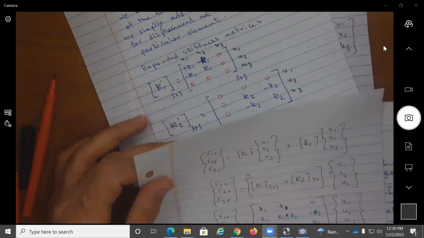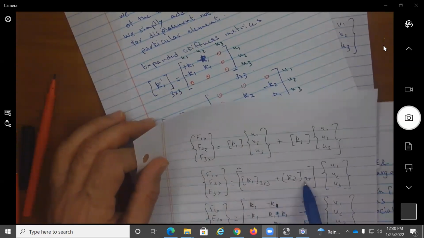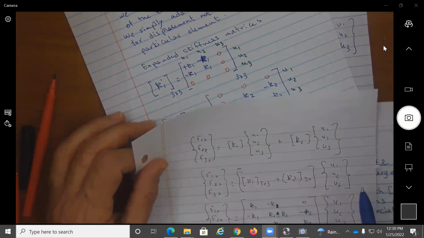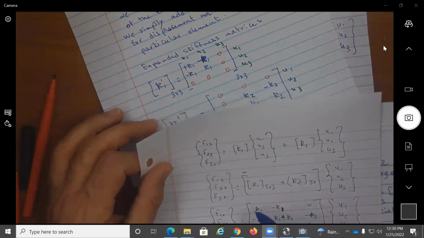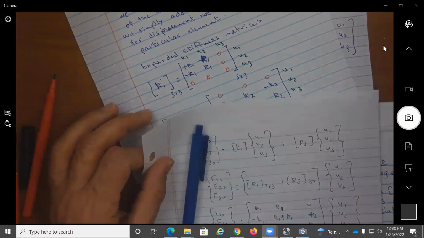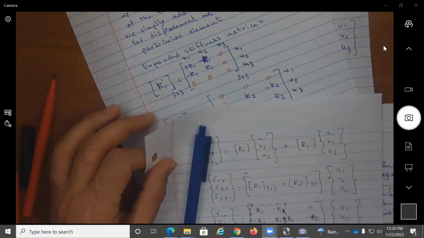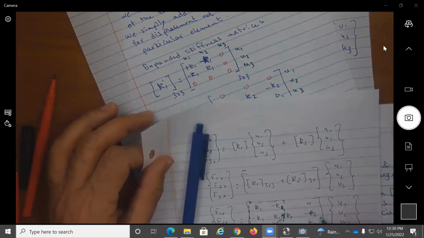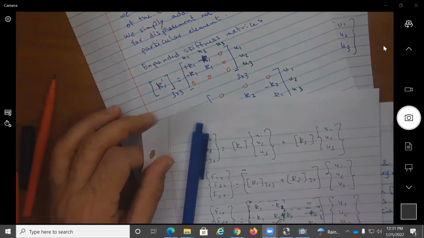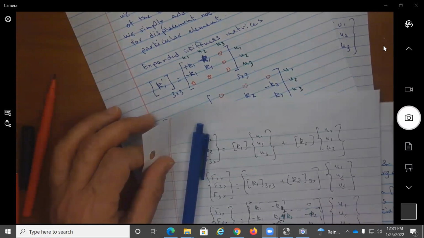When I was adding, I had a bunch of zeros that really did not affect the answer. So I'll be taking this portion from K1, and I know where this is going to go in the global stiffness matrix. And I will take this portion from K2 and know where it goes. And everywhere else, I'm simply going to put zeros.